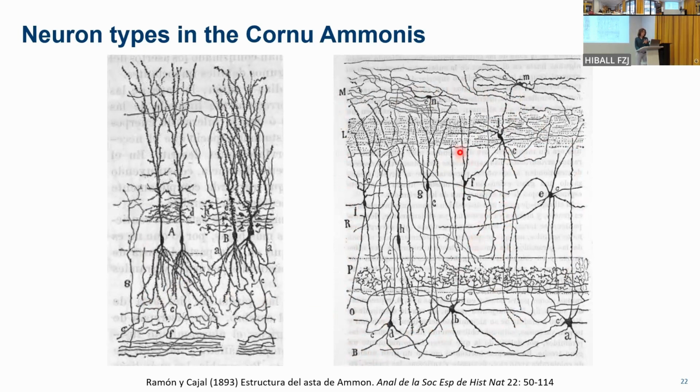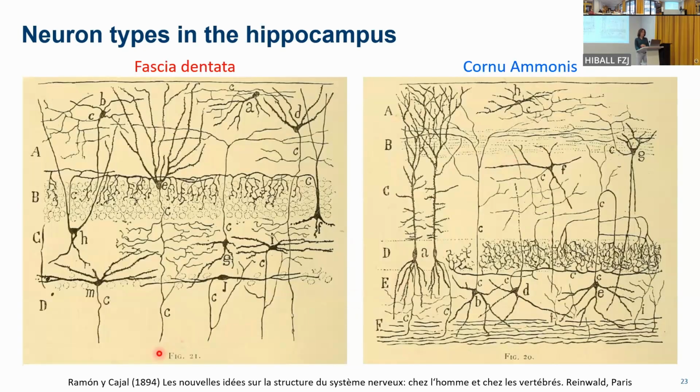And most of the neurons that are drawn here are actually so-called interneurons, so they are neurons that produce the neurotransmitter GABA.